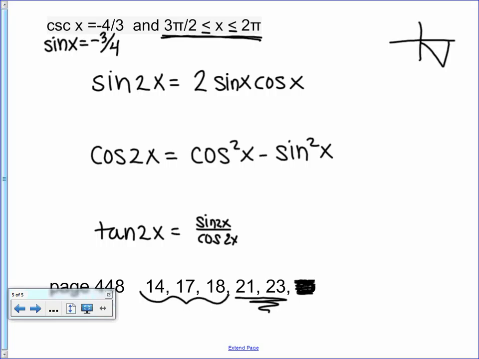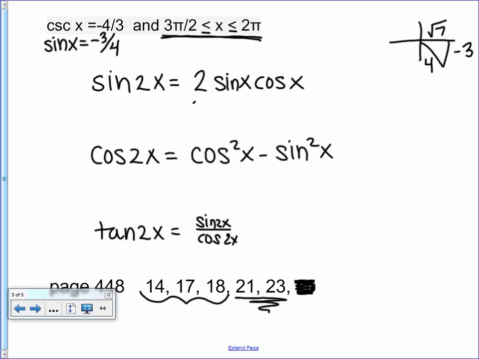So sine is -3/4. So sine, this needs to be a -3 and this needs to be the 4 then. And again, if you use the Pythagorean theorem, 16 take away 9 is the square root of 7. I think one of the 2 problems turns out like all whole numbers, and the second one turns out to be a radical.